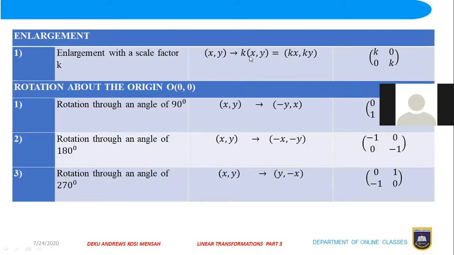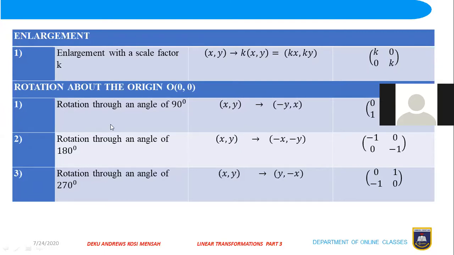The scale, the k, could be any number, negative or positive. Now, if you multiply that by your x, it gives you kx. If you multiply that by y, you get ky. So the matrix is k, 0 and then 0, k, because the coefficient of x is k and the coefficient of y is also k.